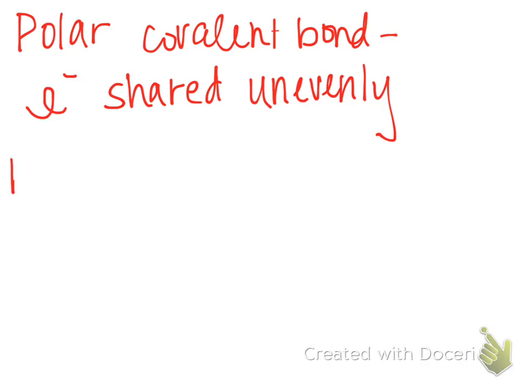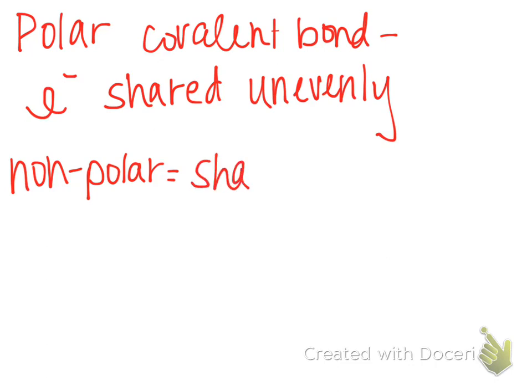And if we have a non-polar covalent bond, what do you think that means? Yeah, non-polar means they are shared evenly. Okay, which is kind of counterintuitive to us, right? Non-polar means evenly, polar means not evenly. Okay, so it's a little bit counterintuitive there, but I want you to get out your textbook and turn to page 176.